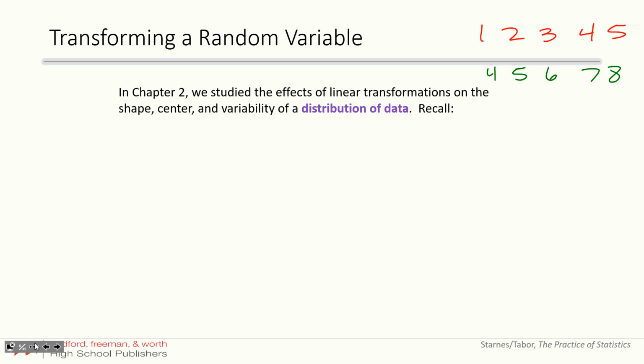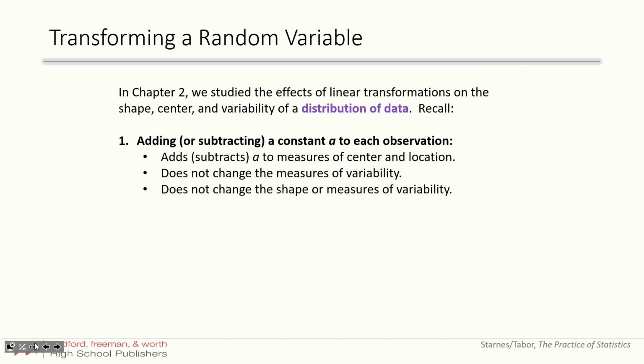So quickly to review, in chapter 2, here are the rules that we came up with. If we added or subtracted a constant to each observation, in other words, if I added 3 to every single data value, or subtracted 5 from every single data value, it would add or subtract that same value to the measures of center and location. Things like mean, median, minimum, maximum value.